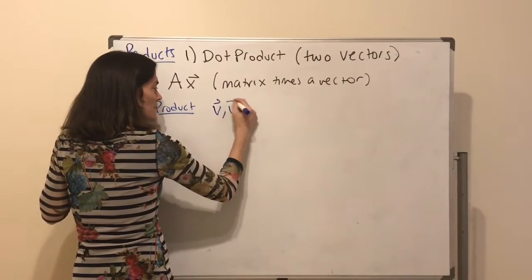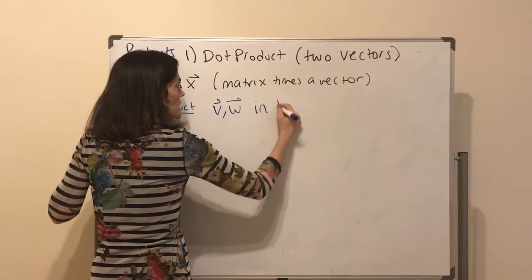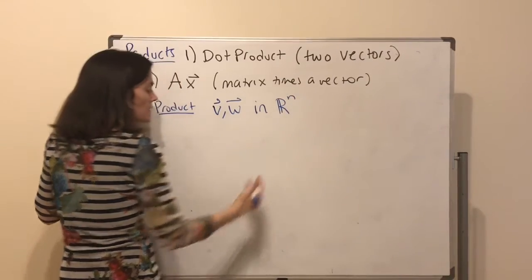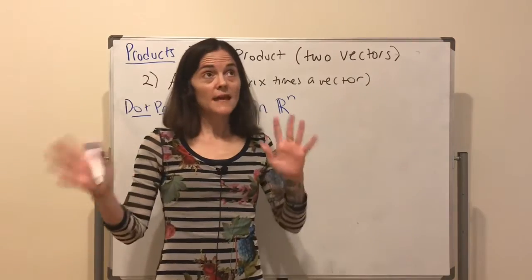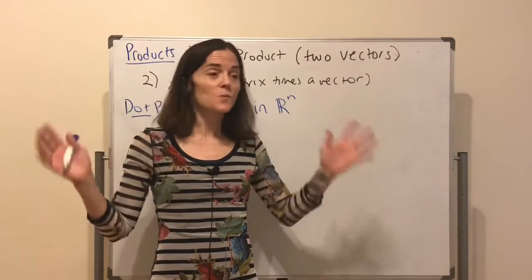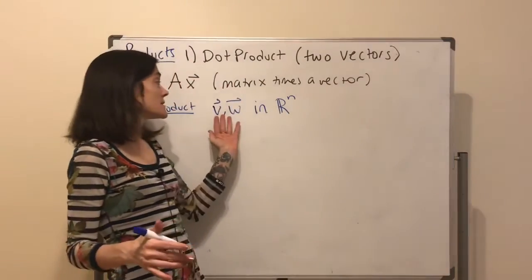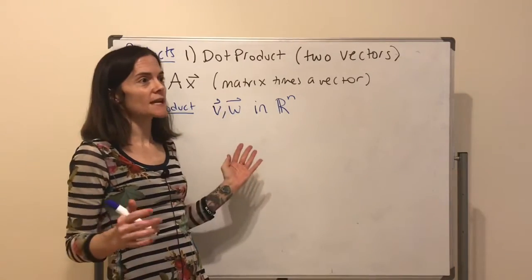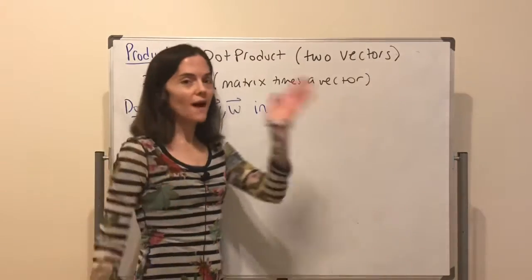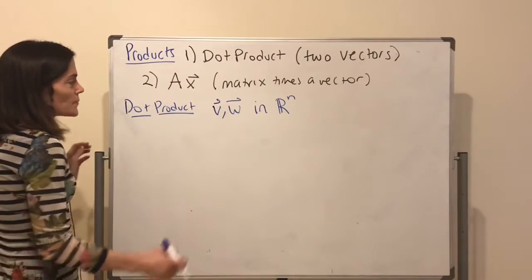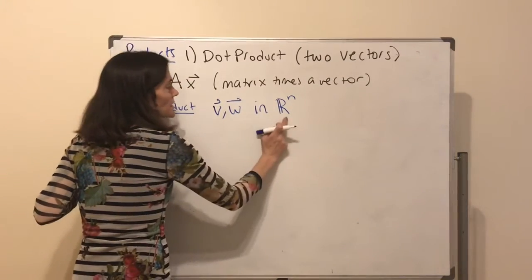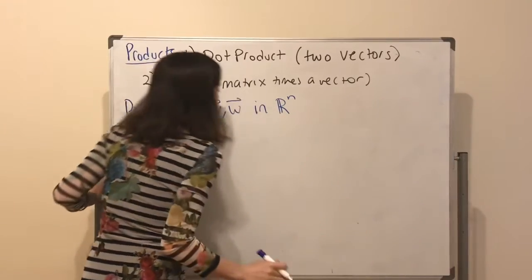V, W, we need them both to have the same number of components, so they're both n by 1, or you could think of them as 1 by n. This product doesn't really differentiate between rows or columns. In fact, I'll give you a second way to think about it after we do an example. But we just need two vectors living in the same Rn.